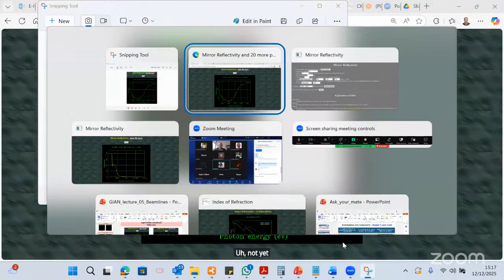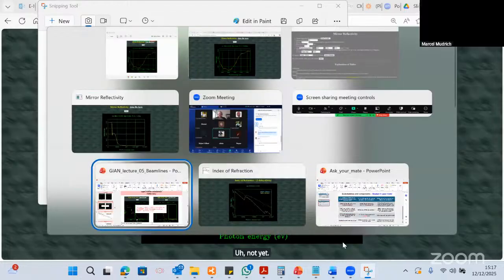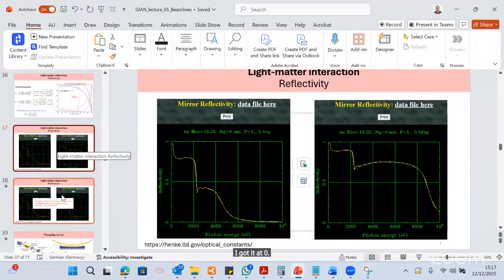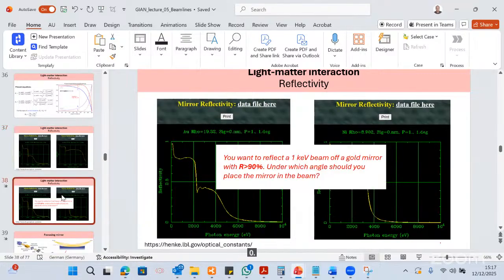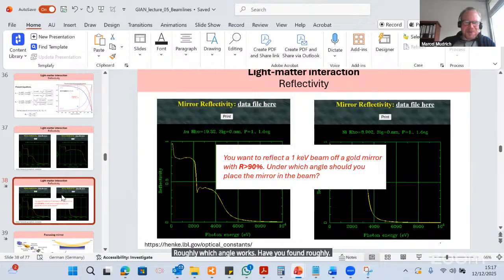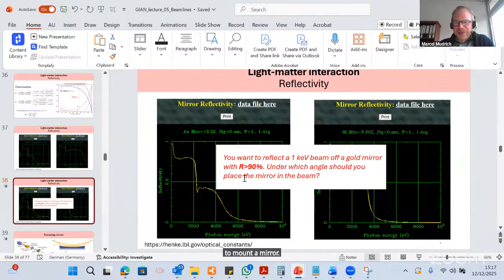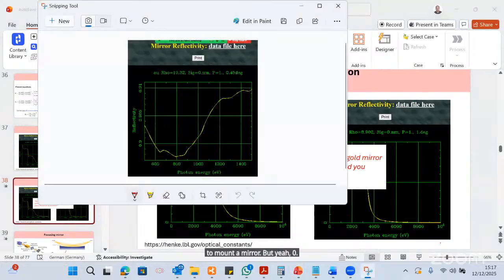Not yet. Roughly which angle works? I got it at 0.4. 0.2 it shows. Okay, 0.2 is very much on the safe side, but 0.2 degrees is challenging for mounting a mirror. But yes, 0.4 we got.